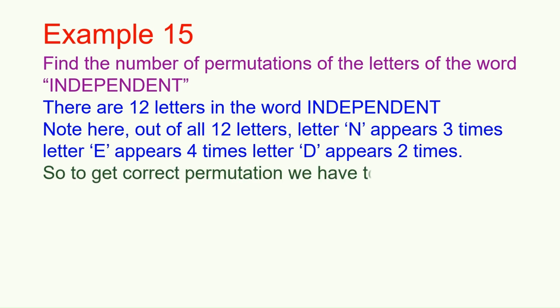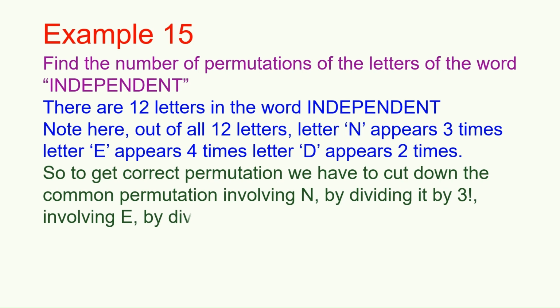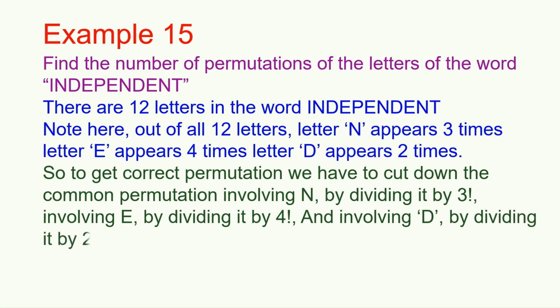So to get the correct permutation, we have to cut down the common permutations involving N by dividing by factorial 3, involving E by dividing by factorial 4, and involving D by dividing by factorial 2.